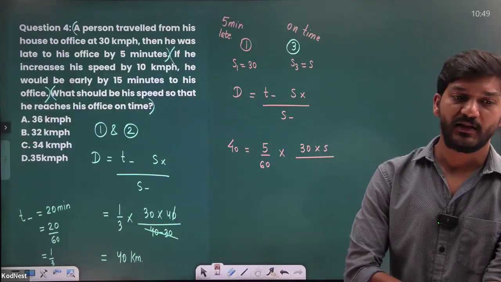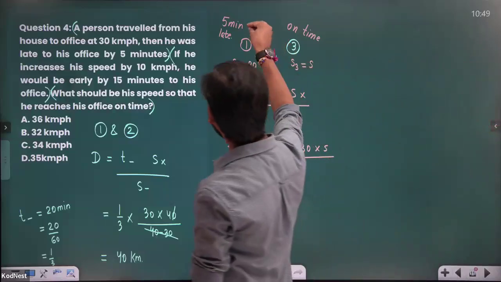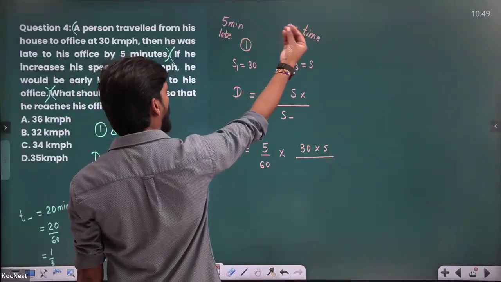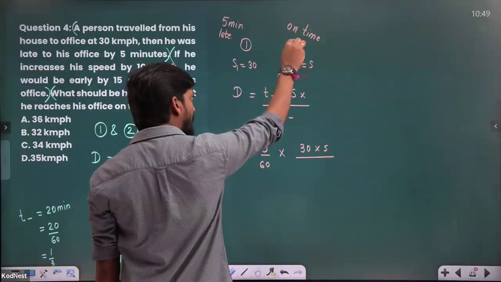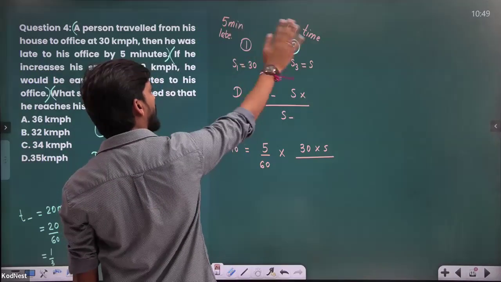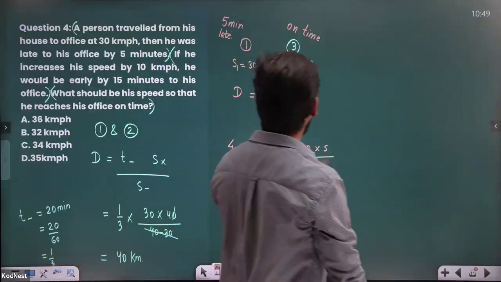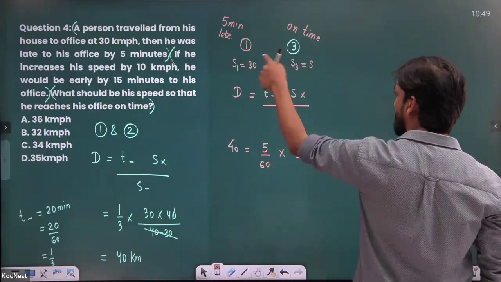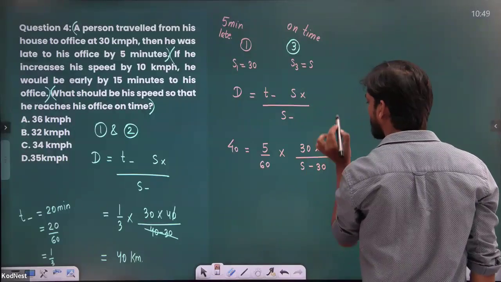Here he is late, here he is on time. So he is reaching early in the third situation as compared to the first. So this speed will be more, this speed will be less. So more value minus less value.